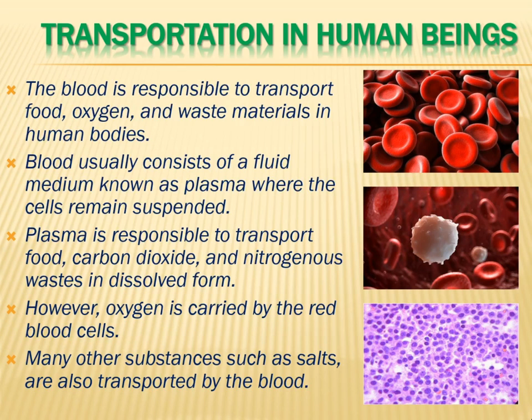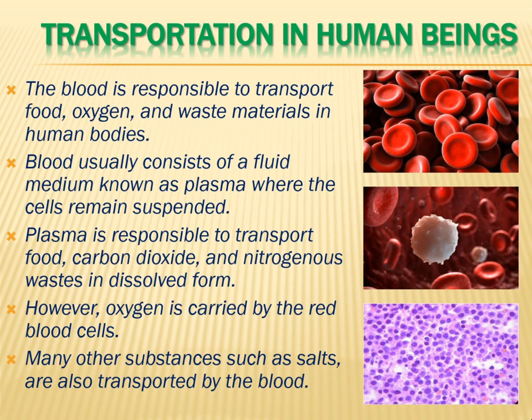So the different things like food, oxygen, and the waste materials that are being produced from each part of our body, that is totally the responsibility of blood. Now blood is responsible to carry all the food particles, the oxygen, as well as the waste materials from different parts of our body to various places.